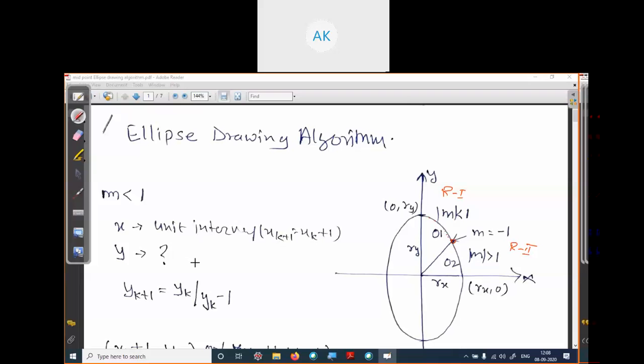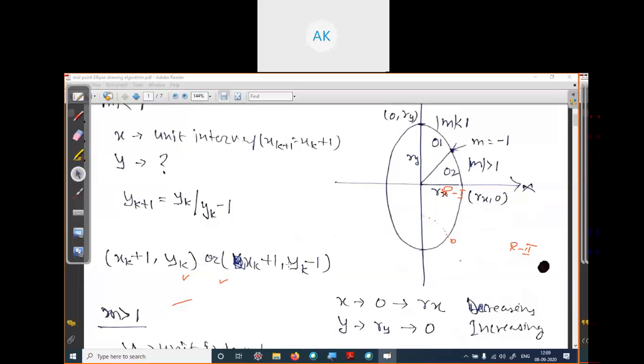So when x moves with unit interval, xk plus 1 will be xk plus 1, and yk plus 1 will be yk or yk minus 1. We select yk or yk minus 1 based on the decision parameter. So the next possible point will be (xk plus 1, yk) or (xk plus 1, yk minus 1).